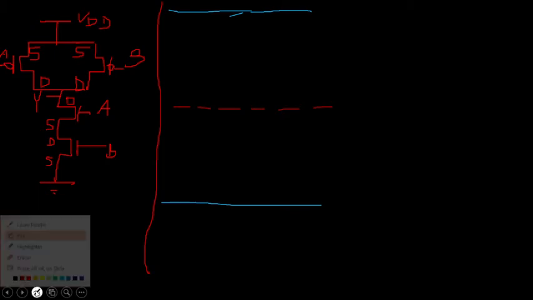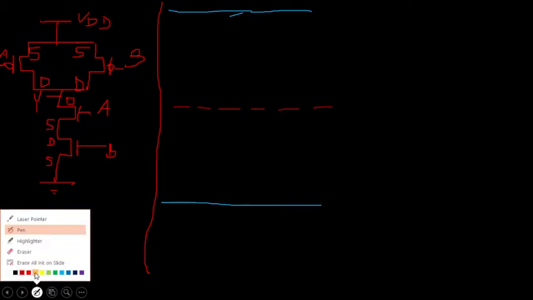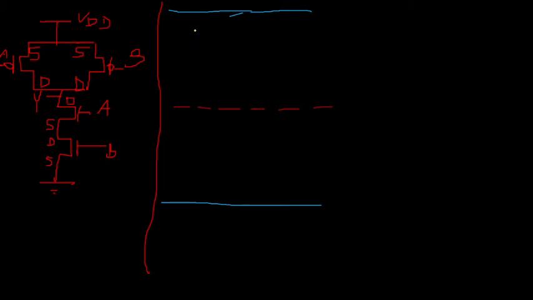For PMOS you use yellow color. So yellow color is used for PMOS. These are the two diffusion layers, one PMOS and another PMOS. Then red color is used for polysilicon, so polysilicon is also connected here.